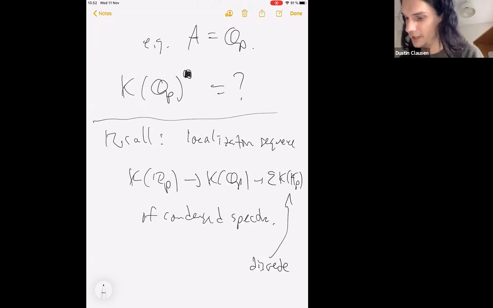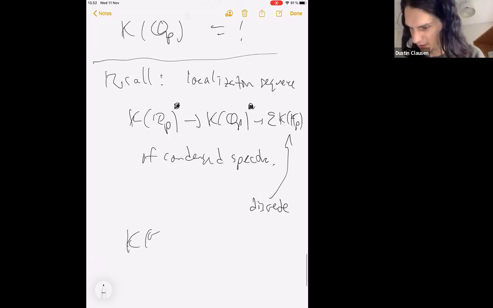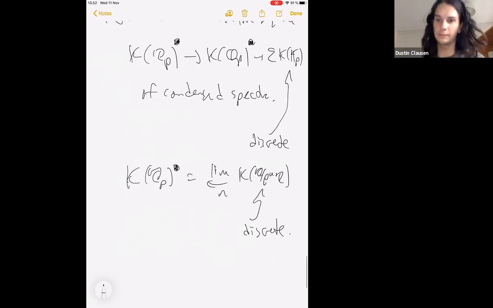But these two are non-discrete. That means that to understand the solidification of the K theory of Q_p, it's enough to understand the solidification of the K theory of Z_p, because the fiber term is discrete. And for the K theory of Z_p, the nice thing is that you can pull in the inverse limit, and these are all discrete again. You can prove this in basically the same way as Peter sketched for the complex numbers.